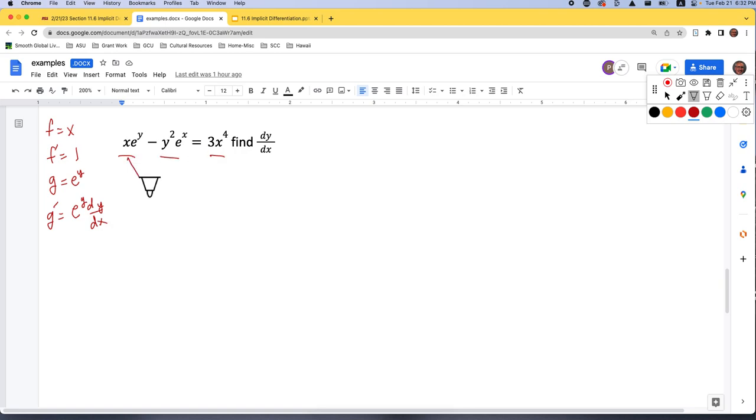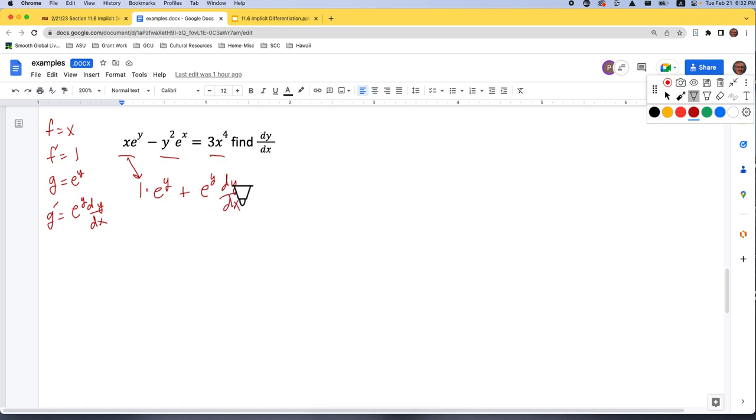So this part here is going to become the derivative of the first part, which is 1, I'm going to write that down, times the second part unchanged, e to the y, plus the derivative of the second part, which is e to the y dy dx. I'm going to write it this way because it tells us we took its derivative. But when you see e to the y and then e to the y, it's hard to tell which one we took the derivative of.